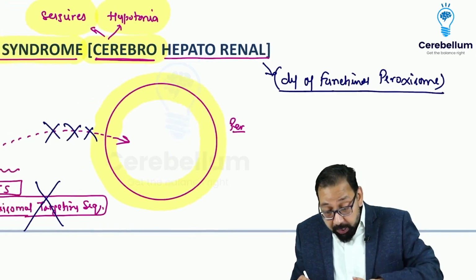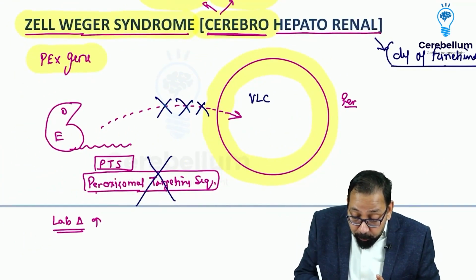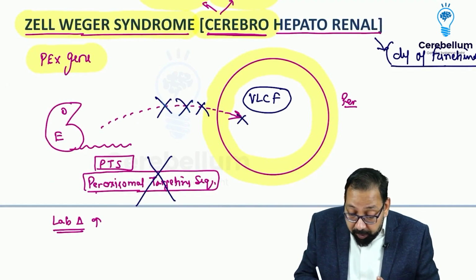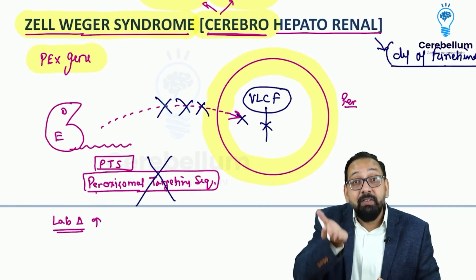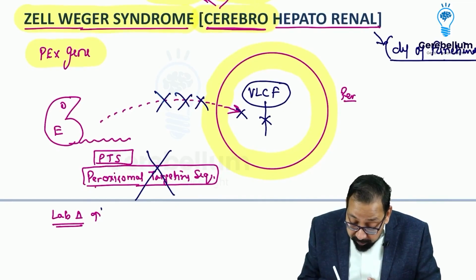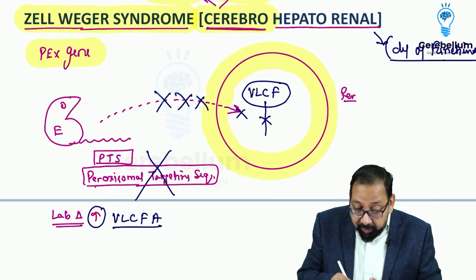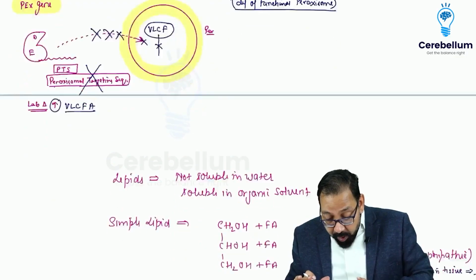In this peroxisome, very long chain fatty acid is oxidized. If the enzyme does not reach, it will not be oxidized, so very long chain fatty acid will increase. In lab diagnosis, there would be increased very long chain fatty acid. This is Zellweger syndrome, cerebrohepatorenal syndrome.